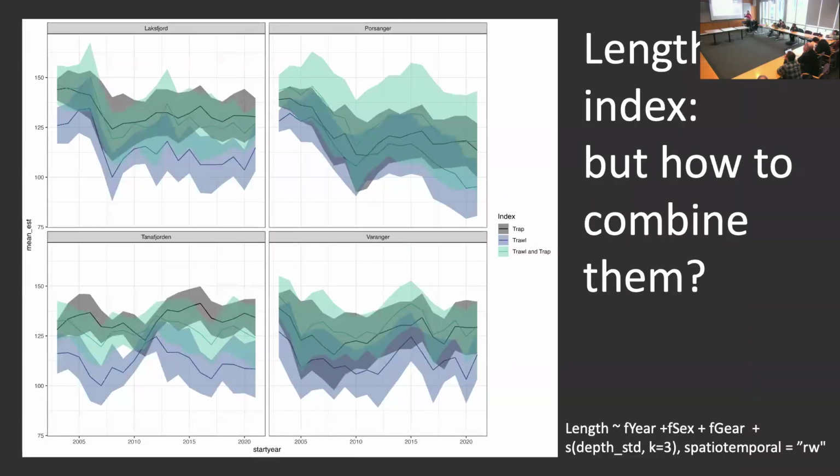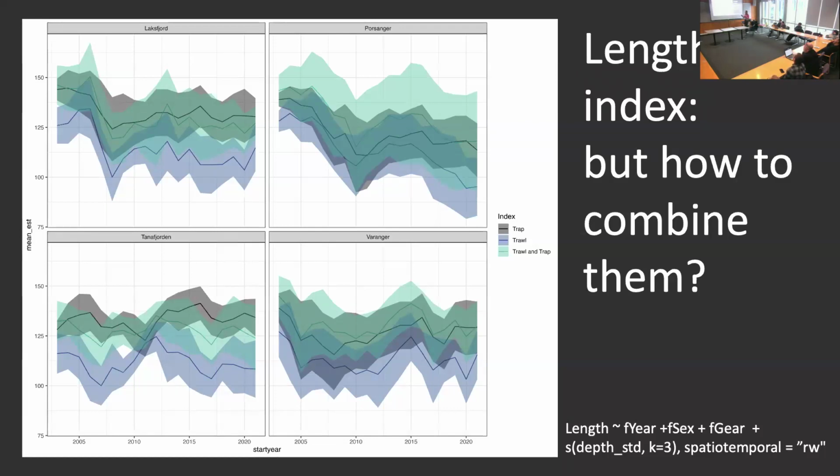So I use a similar approach with the length data, but now it's the trawl and the trap, because that's where we get the biological information from. And in the scenario of moving from the trawl to video, we still need some sort of biological information along the way, so that's where the trawl or the trap could be suitable to continue with.